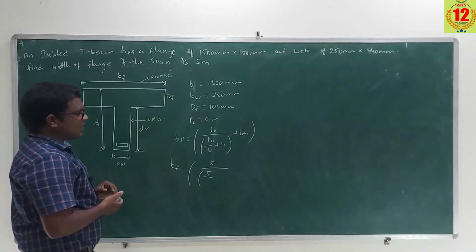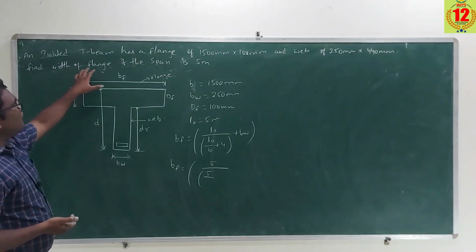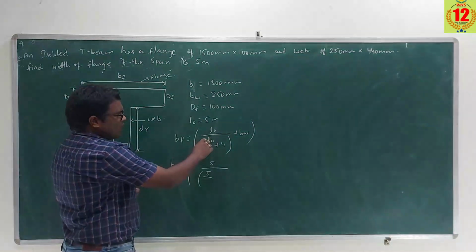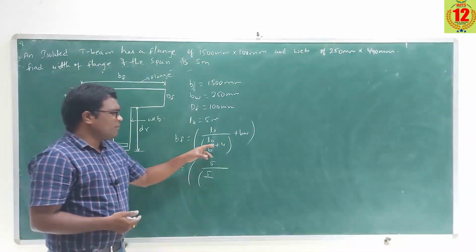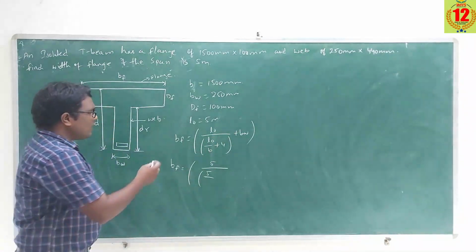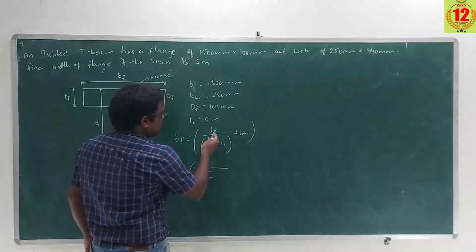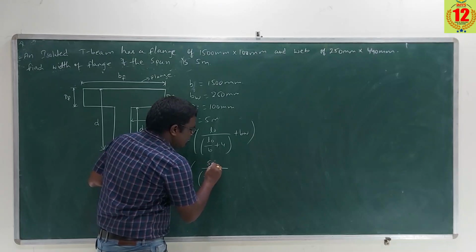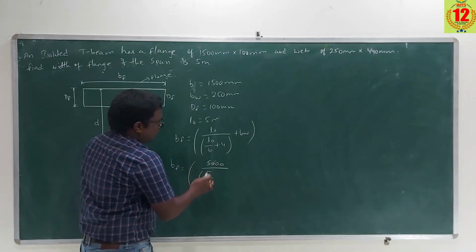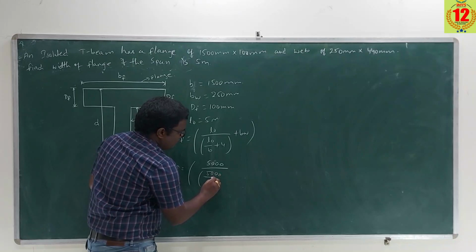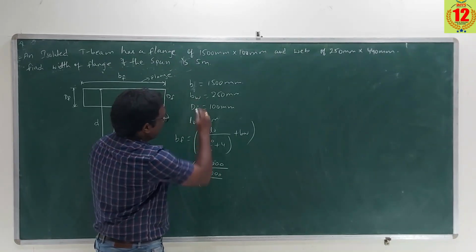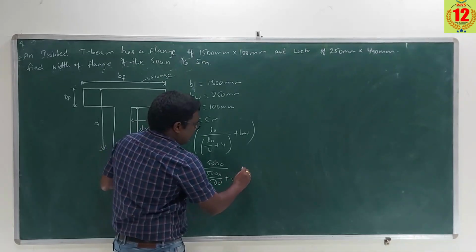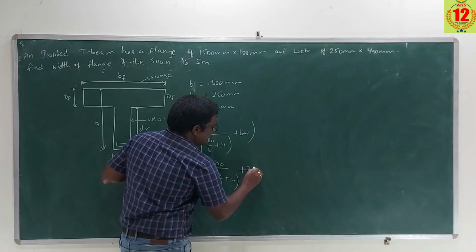Now we have to calculate the effective width of the flange. Find the width of the flange for a span of 5 meters, L0 equals 5 meters. Here BF equals L0 by (L0 by B plus 4) plus BW. Let us use this formula. Here L0 equals 5 meters, that means 5000 mm, 5000 by B value 1500, plus 4, plus BW 250.